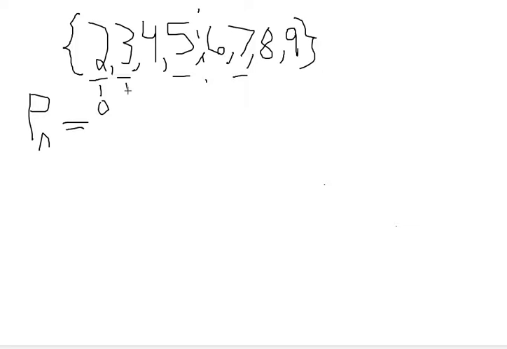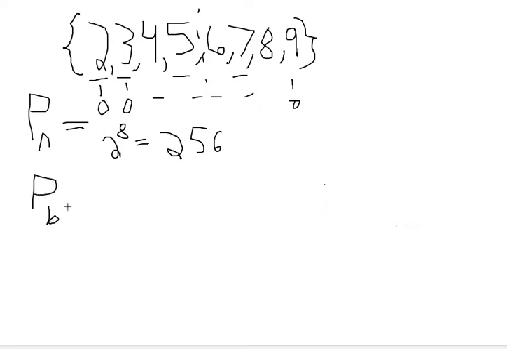I'm just going to write a few of these out here, all the way to there. Or 2 to the 8th. Or, as many of you are more familiar with the number, 256.